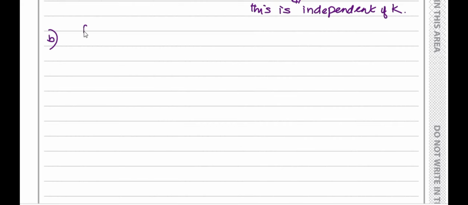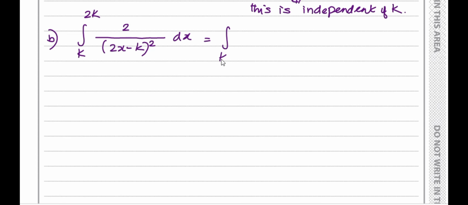This is the integral between k and 2k of 2 over, this time it is a different denominator, (2x minus k) squared dx. Okay, so we need to rearrange this before we start integrating, so that it is equal to the integral between k and 2k of 2 times (2x minus k) to the power of minus 2 dx. Right, now it is integratable, so put square bracket.